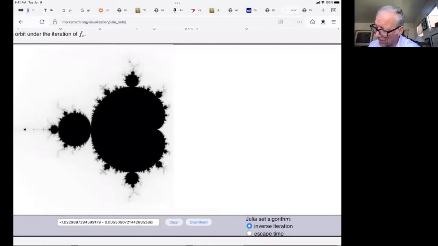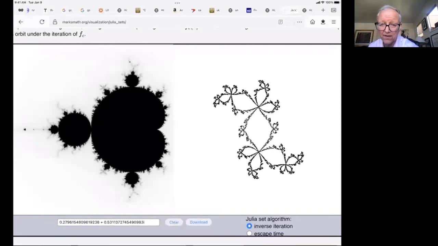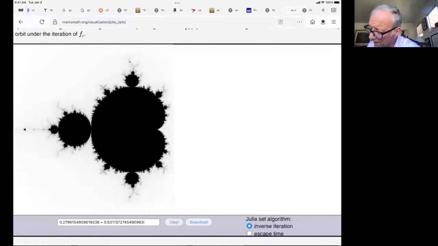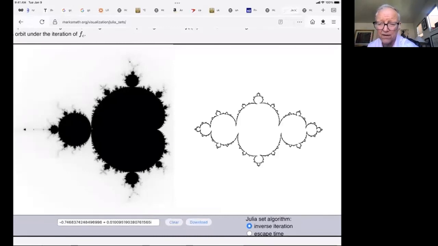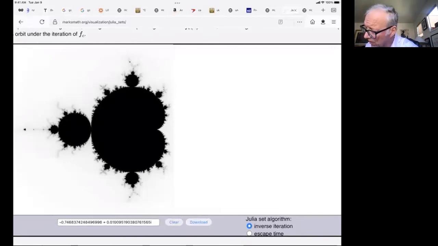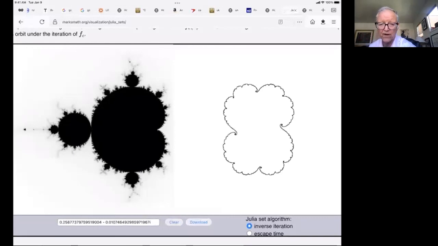And if I pick one in one of the buds, then you get this. I can also pick one where the head is attached to the main body. And this is what you get. Or at the rear end of the main body, and you get this.